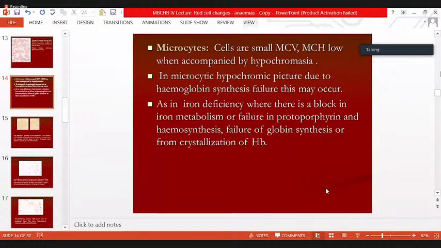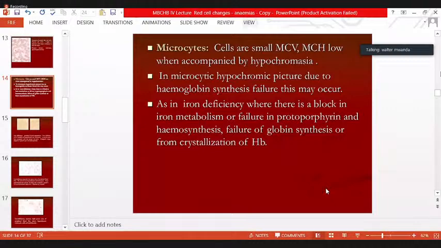Generally speaking, microcytosis is usually due to an abnormal hemoglobin synthesis or hemoglobin synthesis failure. It is usually due to poor or lack of incorporation of the iron, so that there is a block in iron metabolism, or failure in protoporphyrin or heme synthesis, or failure of globin synthesis, or formation of crystals.